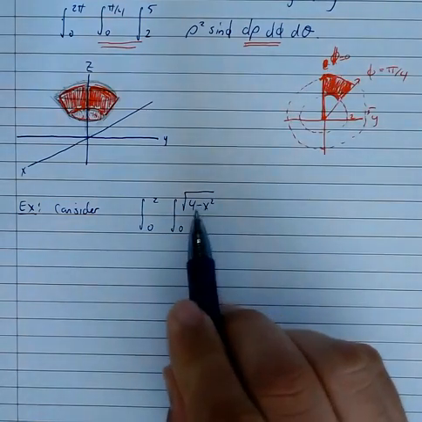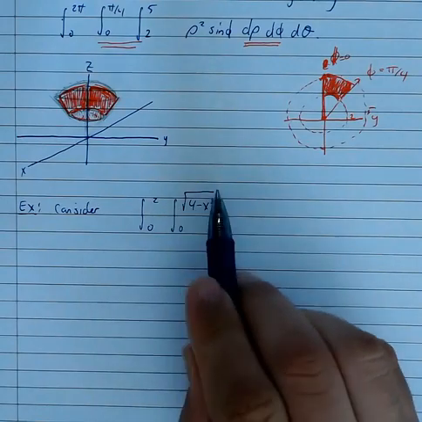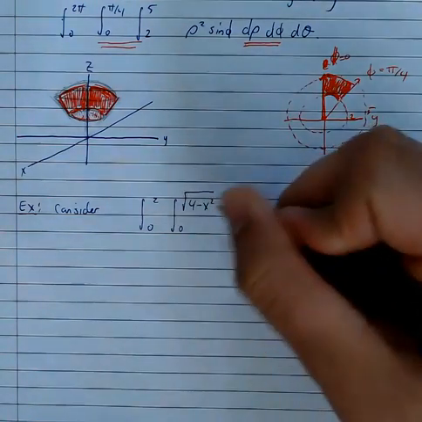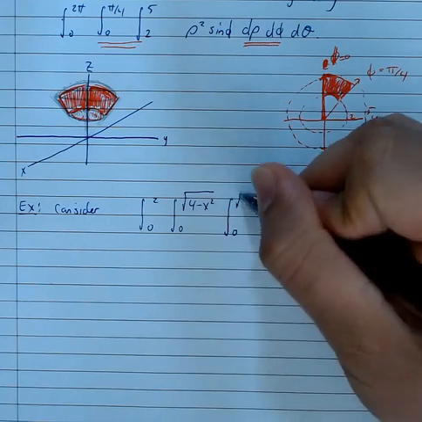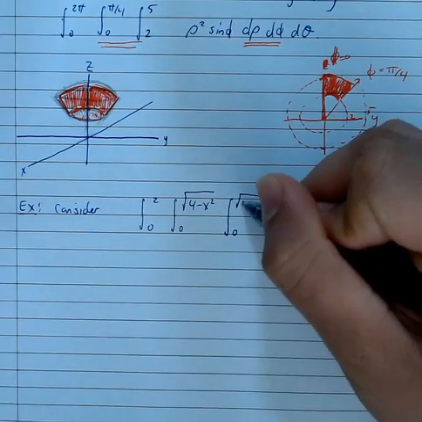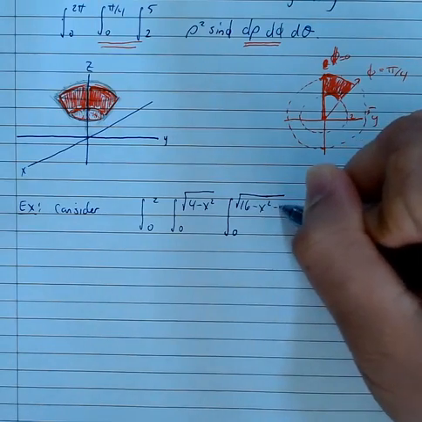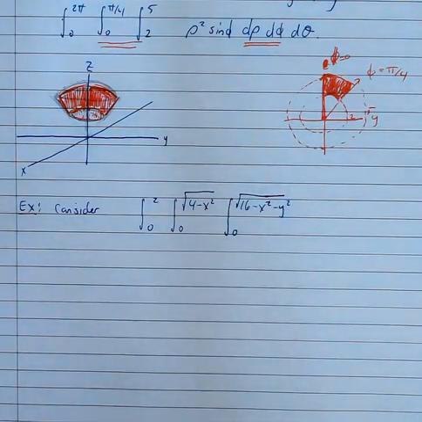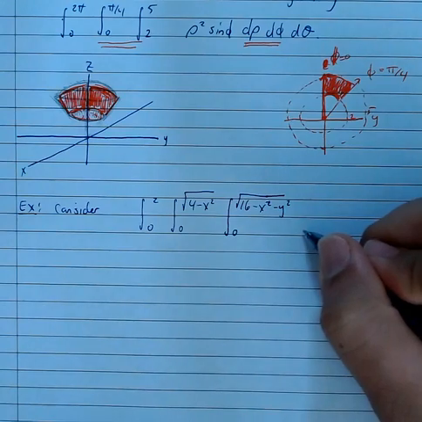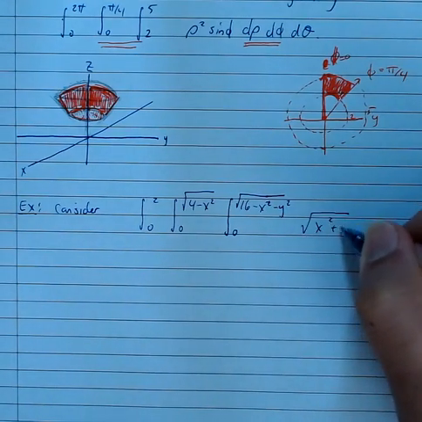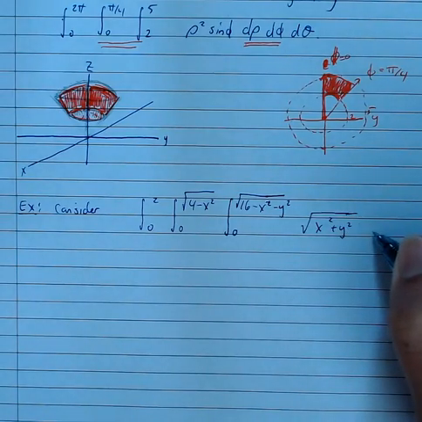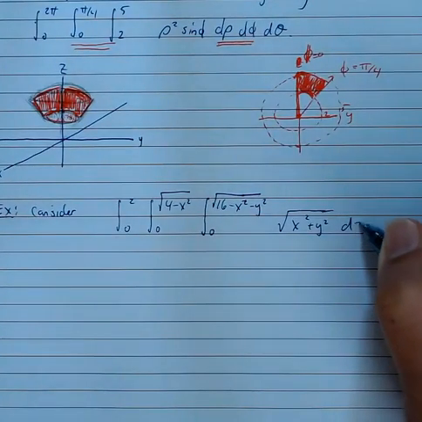Whenever you start seeing sums and differences of squares under square roots, you should start to get nervous, because that means that in rectangular, things are going to be unpleasant. And here, that's going to be the square root of 16 minus x squared minus y squared, and then the square root of x squared plus y squared, dz dy dx.